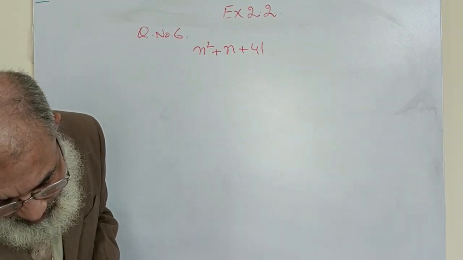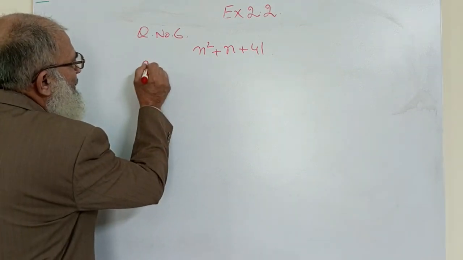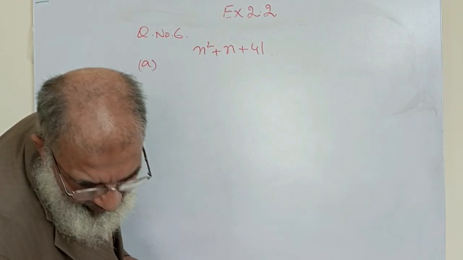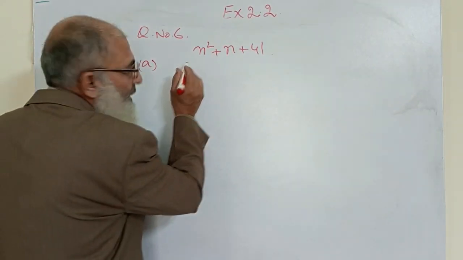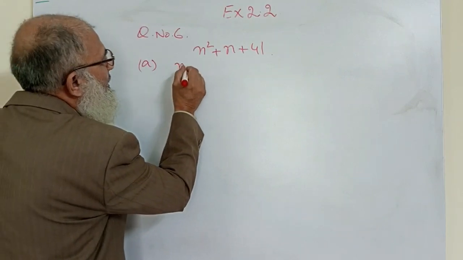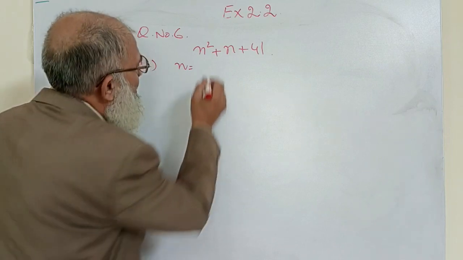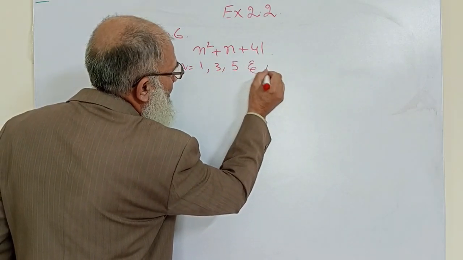But now for the part A, values are given, and we have to find for n is equal to 1, 3, 5 and 10. N is given how much? 1, 3, 5 and 10.